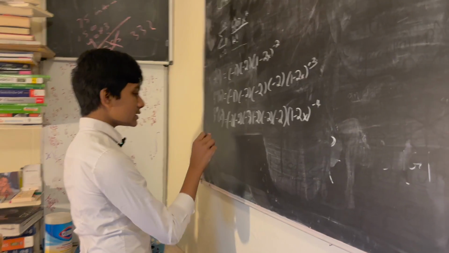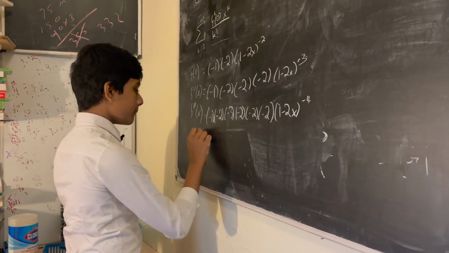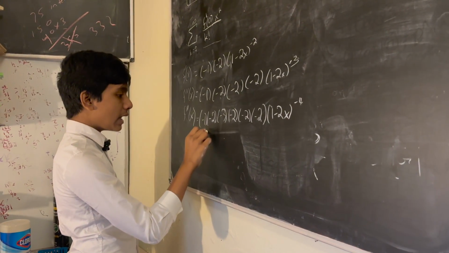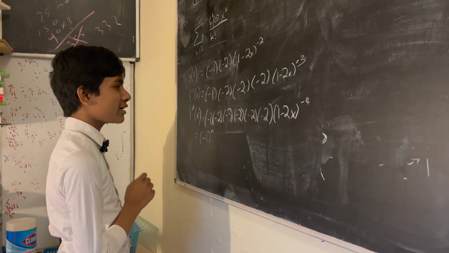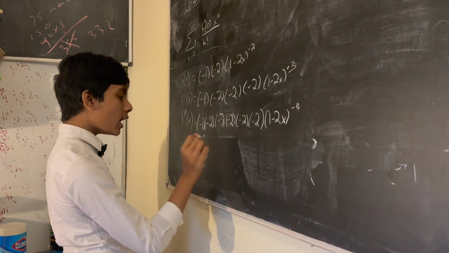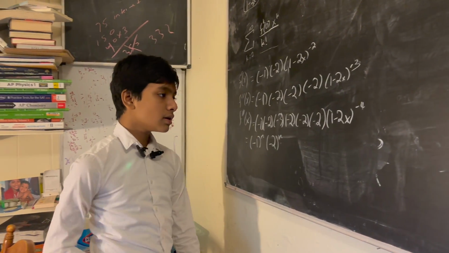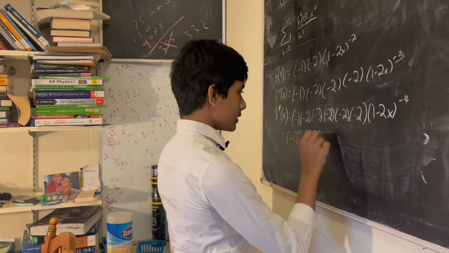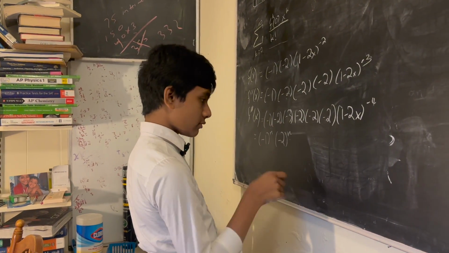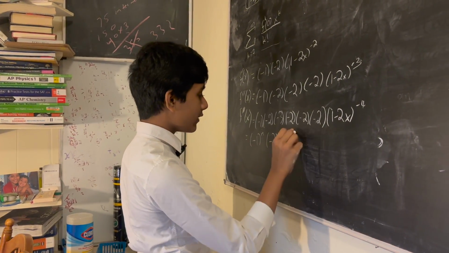So you'll notice this is just equal to negative 1 to the n times negative 2 to the n. And this is multiplied by just 1 times 2 times 3 going on, which is just equal to n factorial.